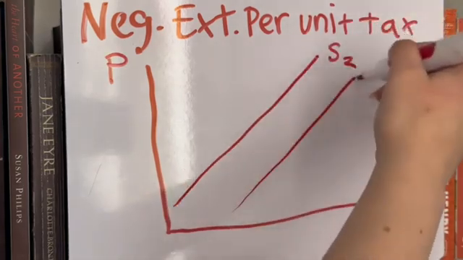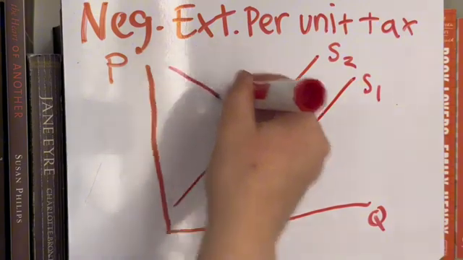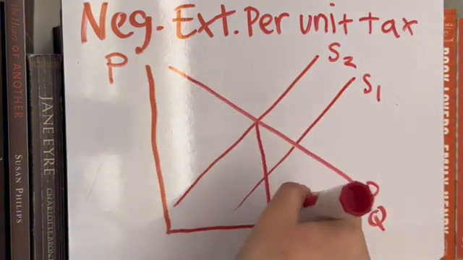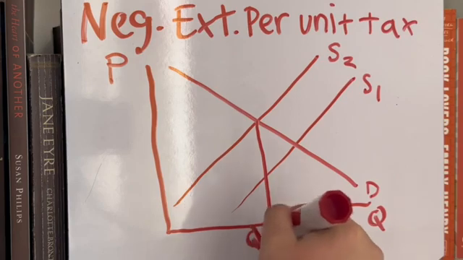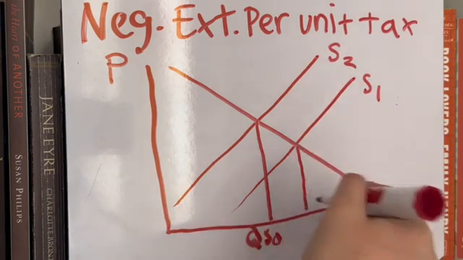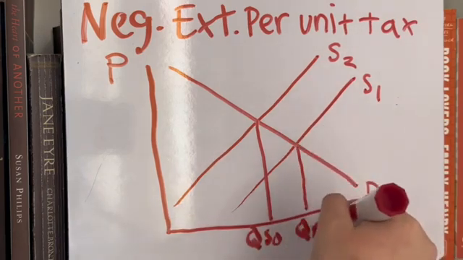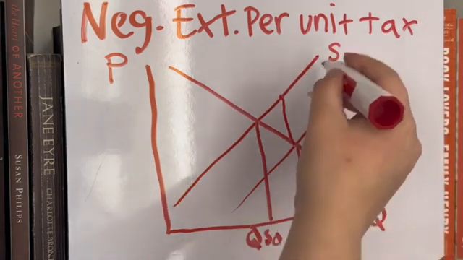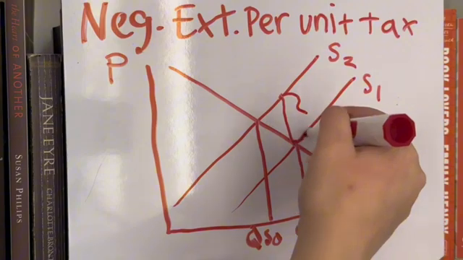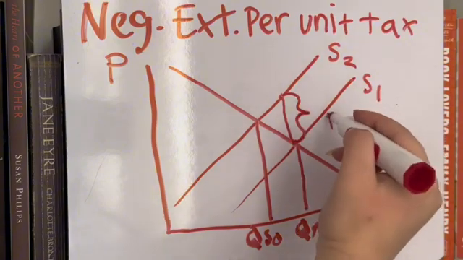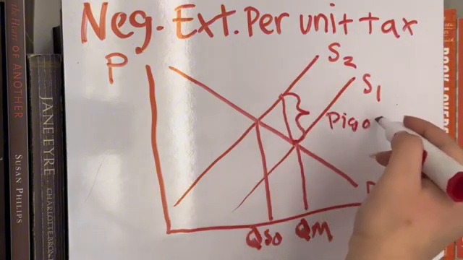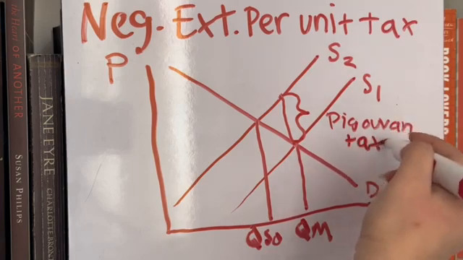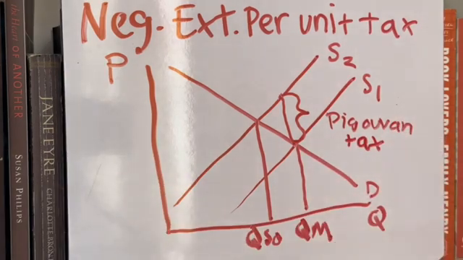Thus, this tax will have MPC, or supply 1, shift up and to the left until it equals supply number 2, or MSC. As a result, it will remove the externality and force production to be at its socially optimal quantity. And because a negative externality causes overproduction, a tax cuts back production for a good cause, which can also be called the Pigovian tax.